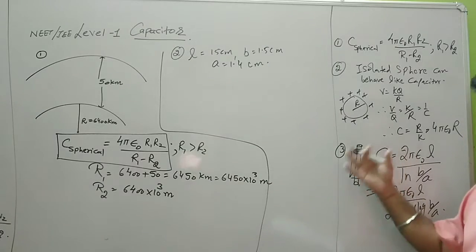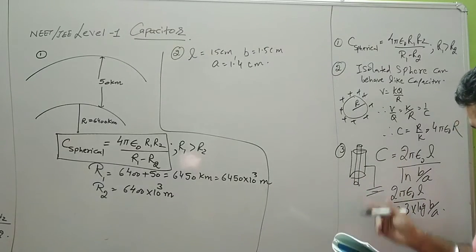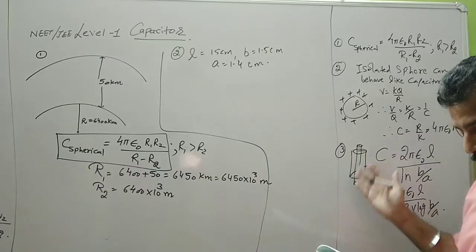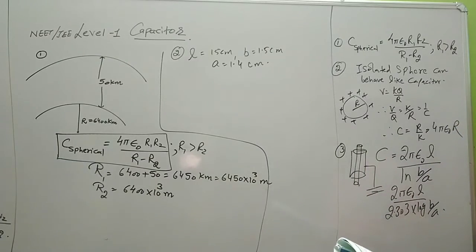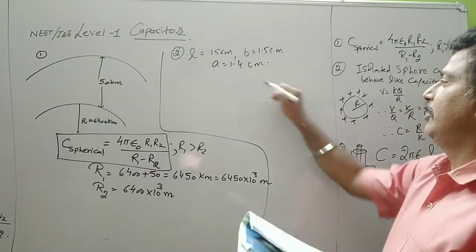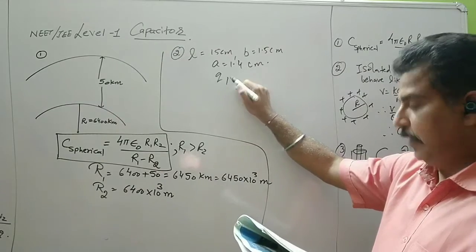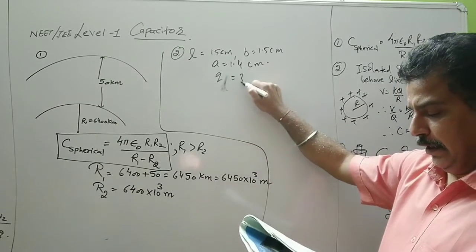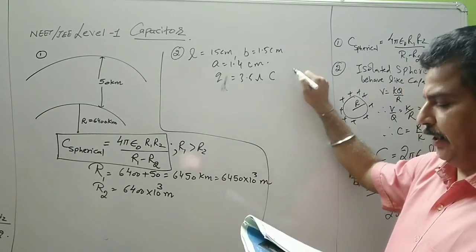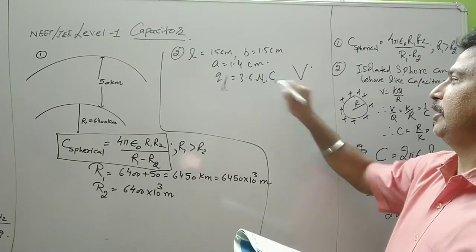We will discuss that case sometime. Now the outer cylinder is earthed and the inner cylinder is given a charge Q equal to 3.5 microcoulomb. Determine the potential of the inner cylinder.